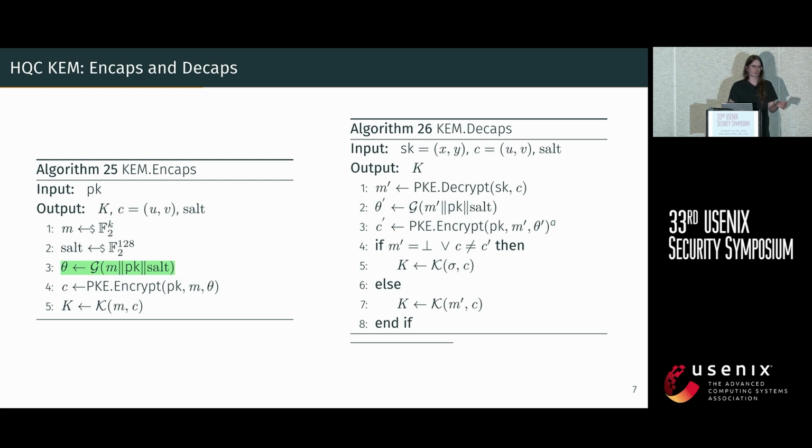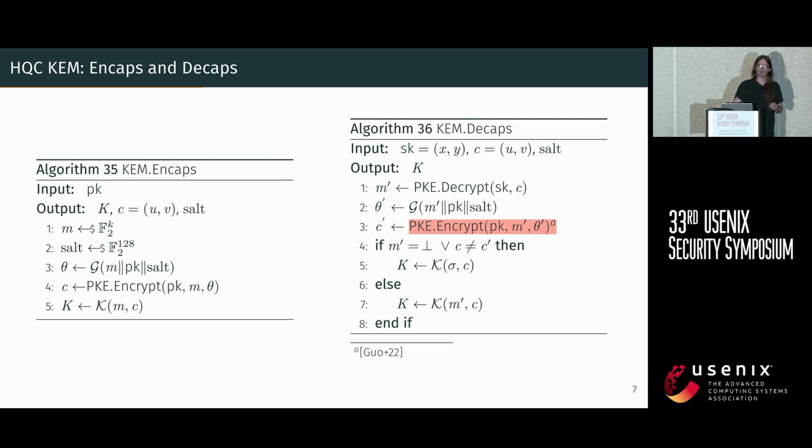So all the 3 random vectors that we generated in the encryption functions are now based on that Z theta. Now during decapsulation, we decrypt the ciphertext, recompute the Z theta, and then recompute the ciphertext, and compare this ciphertext to the original ciphertext that we got. And only if these 2 ciphertexts, the recomputed ciphertext and the original ciphertext match, then we output the key, otherwise we output a decoy key.